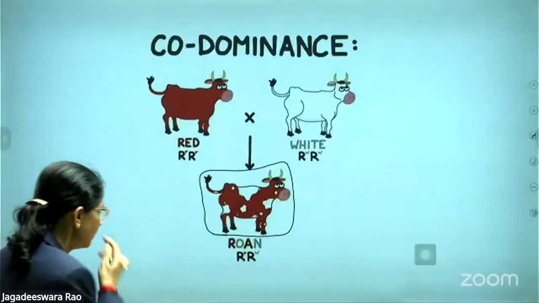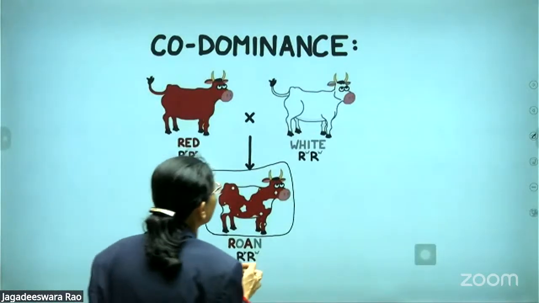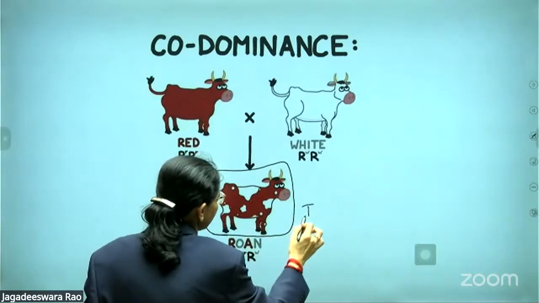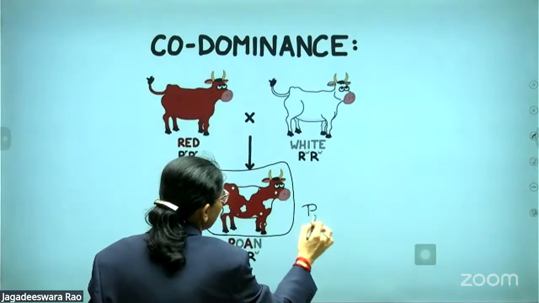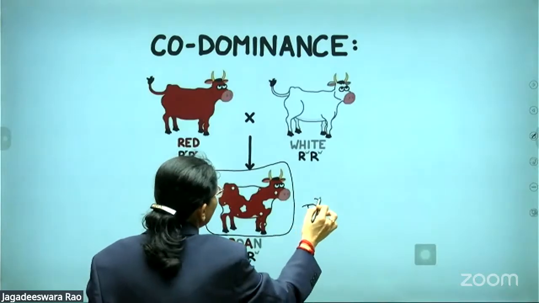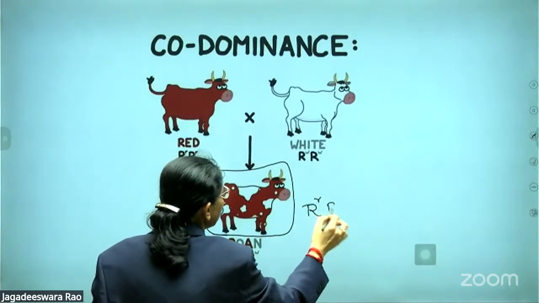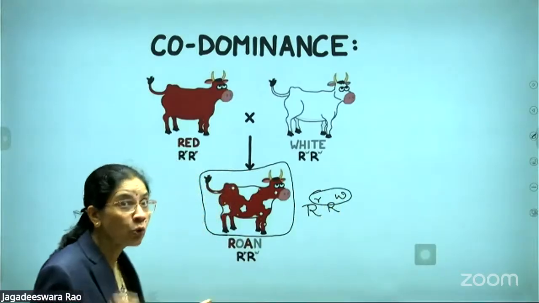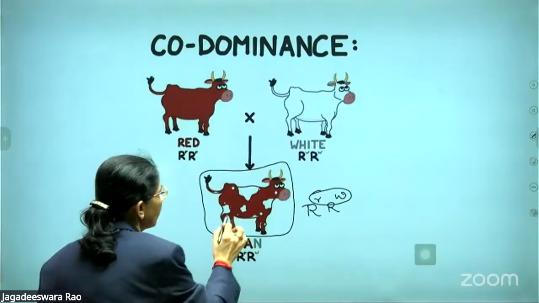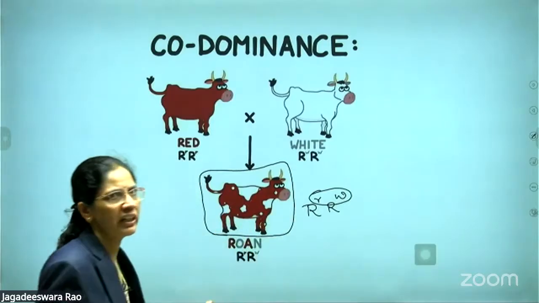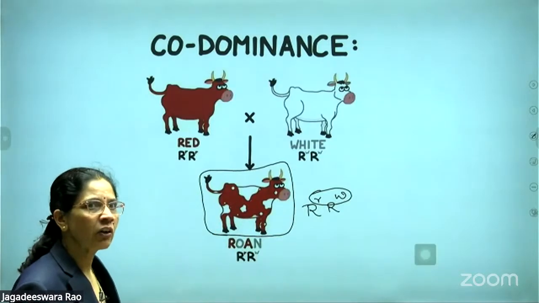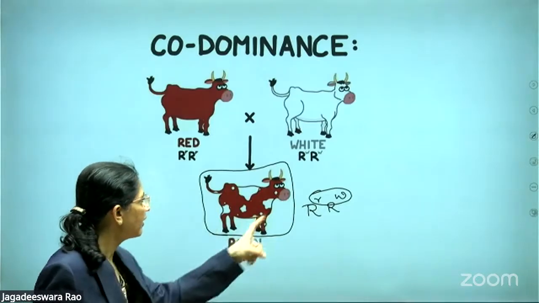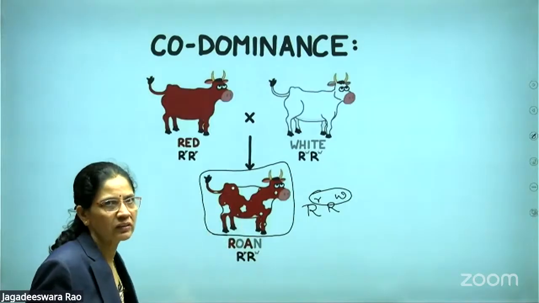Here you can observe both the characters, that is, if I am taking it as R and W, RW, both the genes are able to express equally. That is how we are able to see both the characters expressed on the skin of the cattle. This is called a roan, red colored body with white patches you can observe.